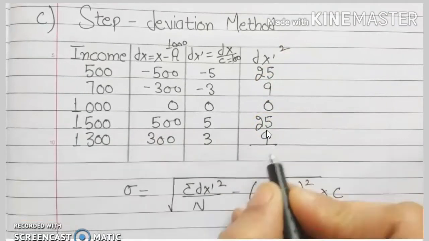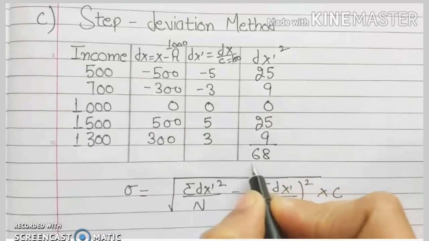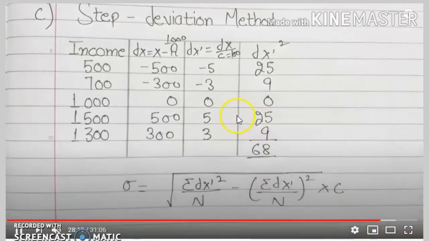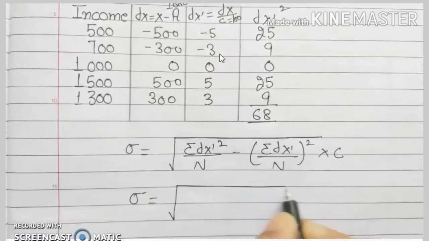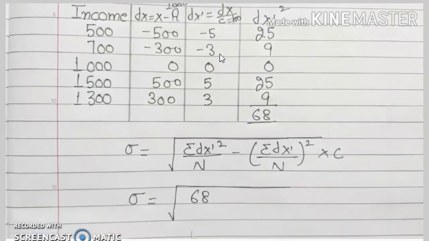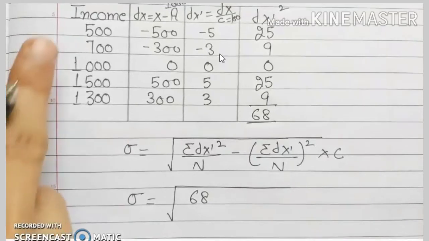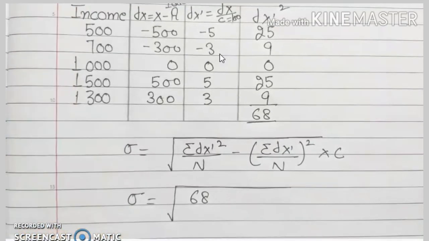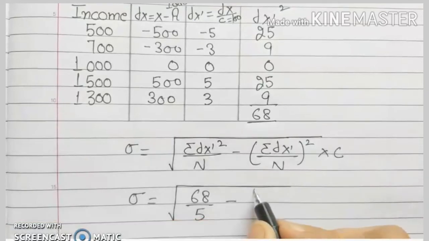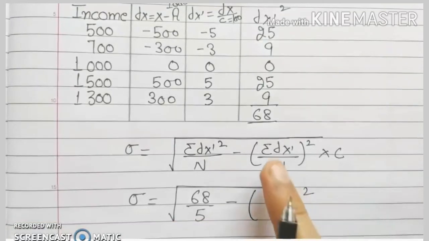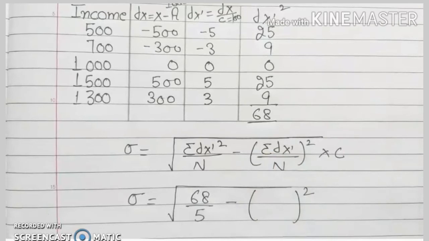So next you will be getting the total as 68. Then you have to find the total from dx dash also. Before that you can substitute the value. 68 by n, n is 5. So you can write n as 5. Then minus sigma dx dash by n. So what's the answer?